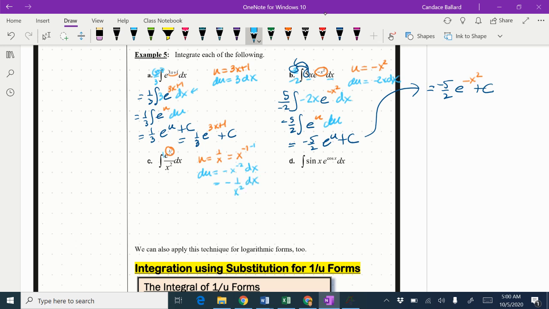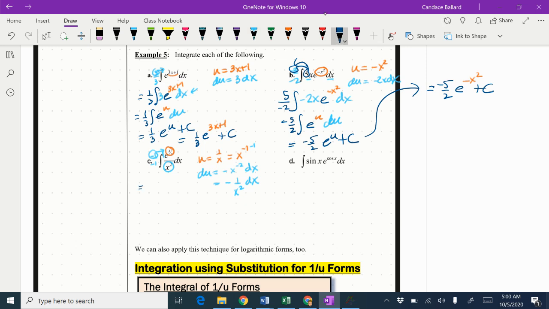Do you see how you have a 1 over x squared right here? So I still need to introduce the negative, so I'm going to multiply by negative 1 over negative 1 on top and bottom, and bring this one inside. So let's rewrite a bit here.